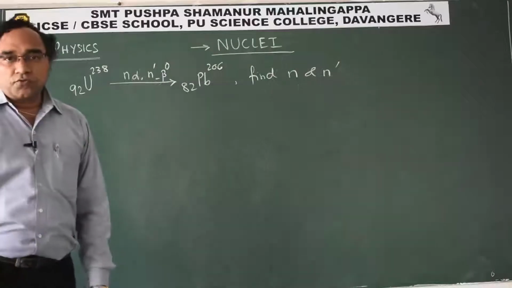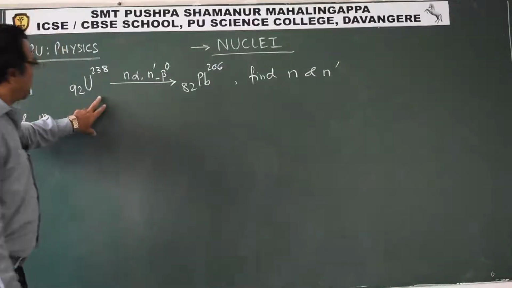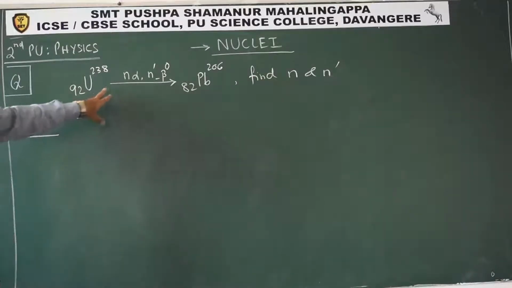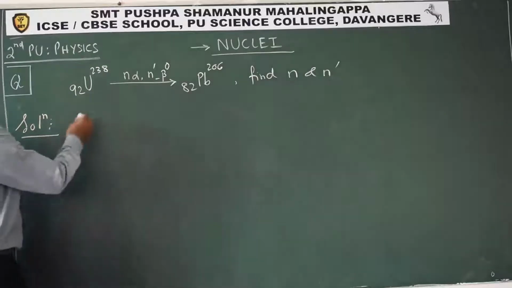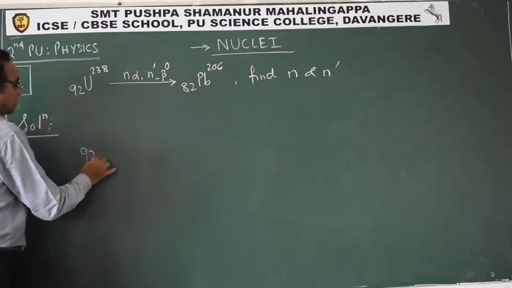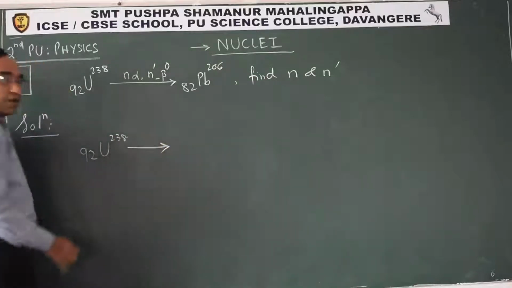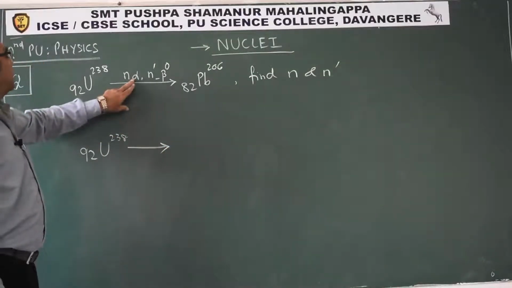And students, one more question of this type. These type of symbols you are supposed to get more familiar with. That is why I am using this type of symbols. 92U238 is emitting n alpha particles.